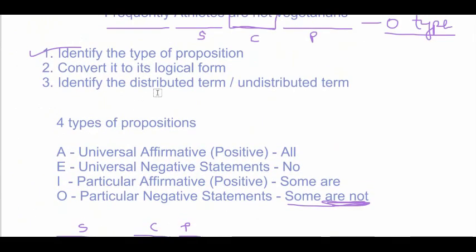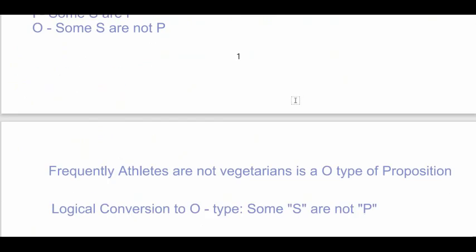That is identifying the distributed terms and undistributed terms. For this, I'll have to digress a little bit and first explain what is distributed and undistributed, and how to make a small table of distributed and undistributed for easy remembrance. Very quickly, you write the four propositions here, A, E, I, O, one below another.